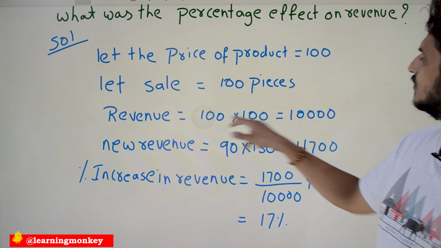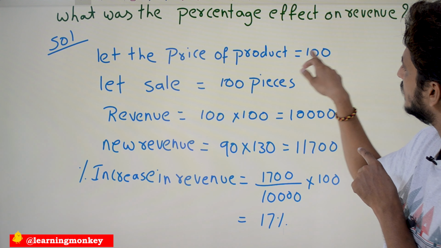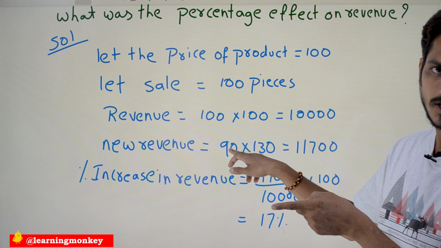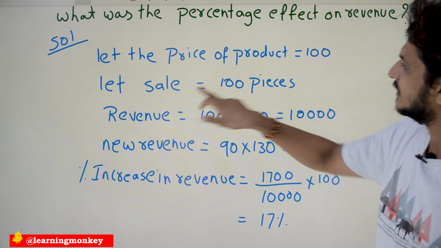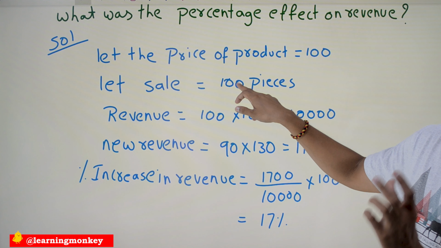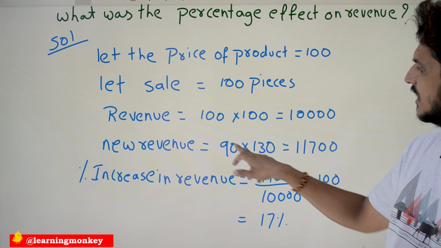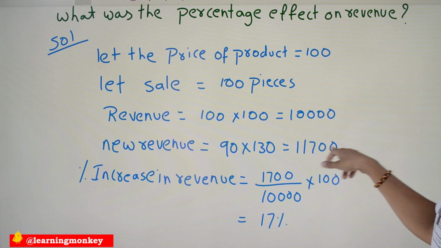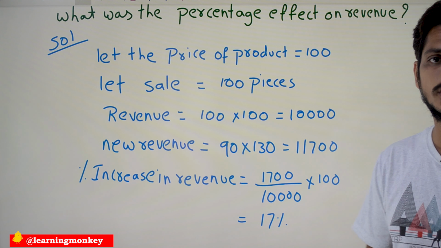So new revenue is equal to, when the price of the product 100 decreased by 10%, new product cost is 90, multiplied by the sales increased by 30%, means 100 pieces increased to 130 pieces. So 90 multiplied by 130, new revenue is equal to 11700. This is the amount you are going to get.